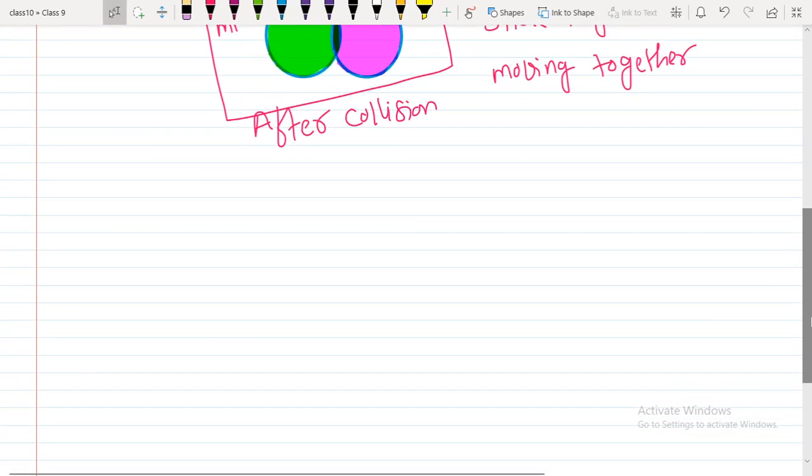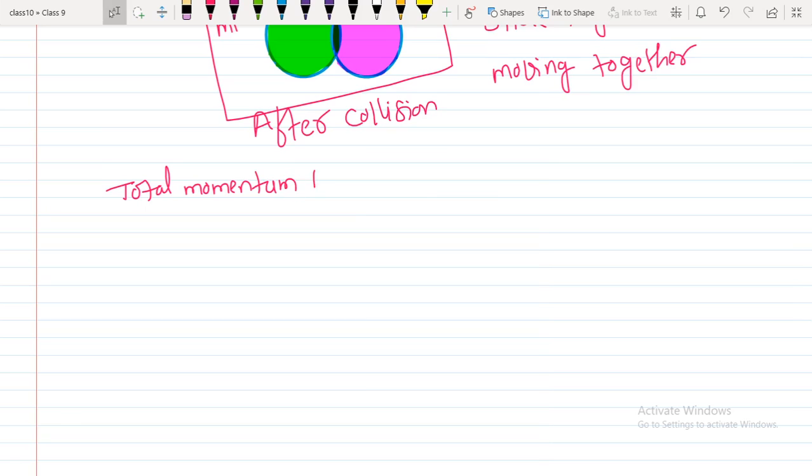So we have a formula: total momentum before collision equal to total momentum after collision.